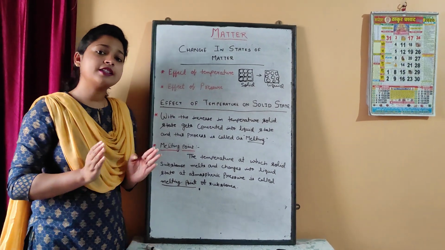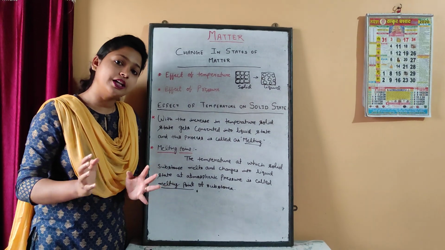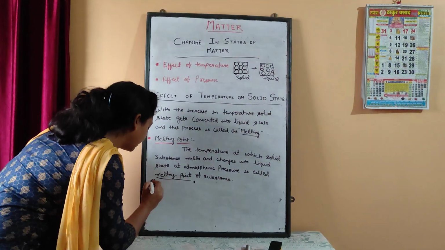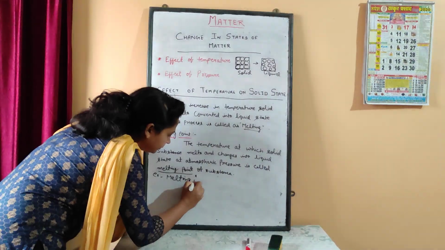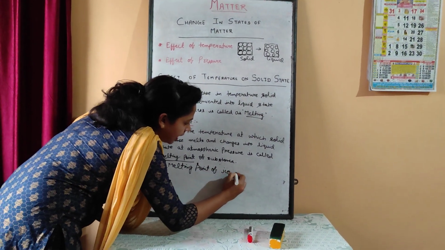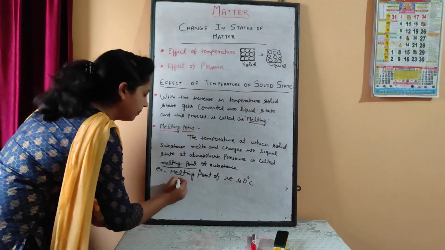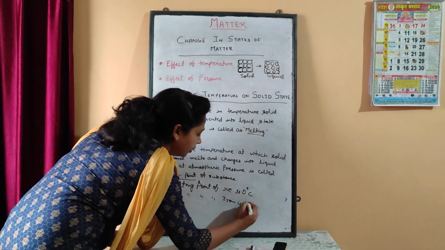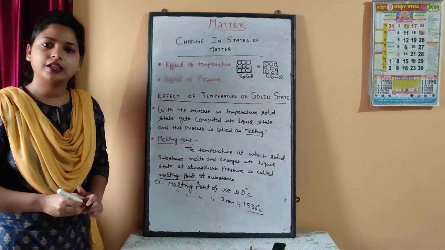Now melting point is a characteristic feature of every solid. The melting point of each and every solid is fixed, right? For example, the melting point of ice is 0 degrees Celsius. Correct? Melting point of iron is 1536 degrees Celsius and so on. Clear?